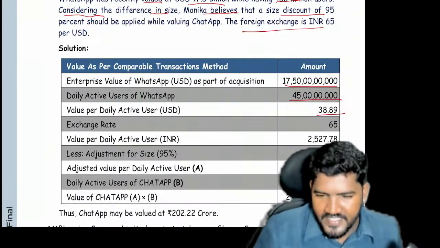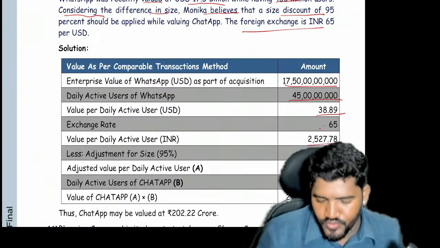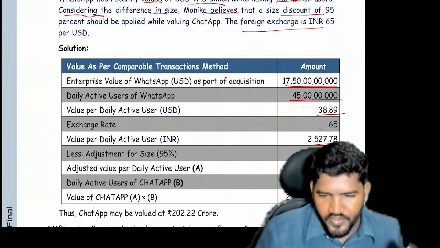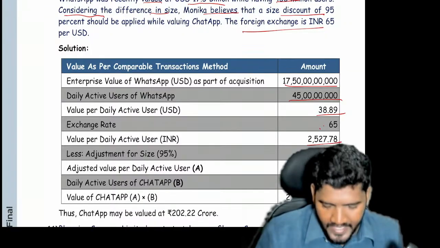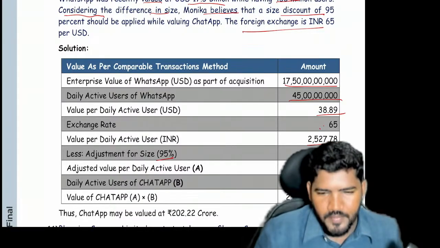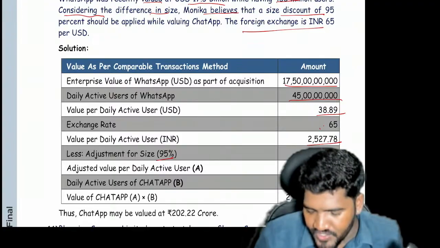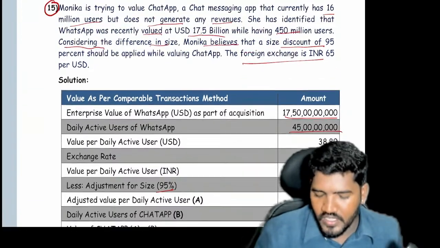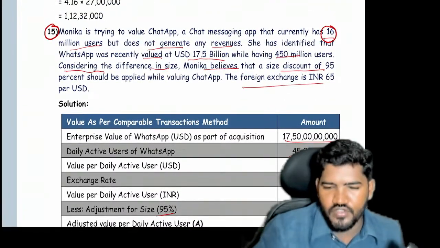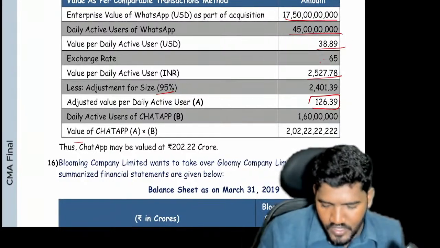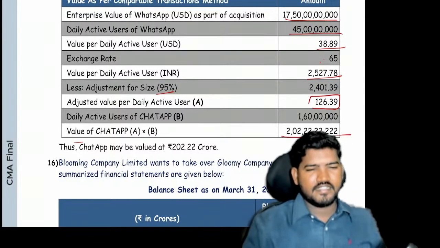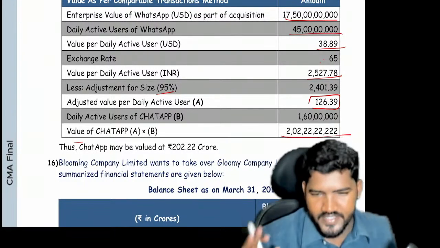If you multiply with the exchange rate, you will get the Indian value per user. Out of the Indian value per user, you have to reduce the 95% discount. You will get a 5% value that is equivalent to 126.39 per user. Our Indian company has 16 million users. If you multiply that, you will get the value of the chat app. Guys, clear? This question was also asked in our exam.